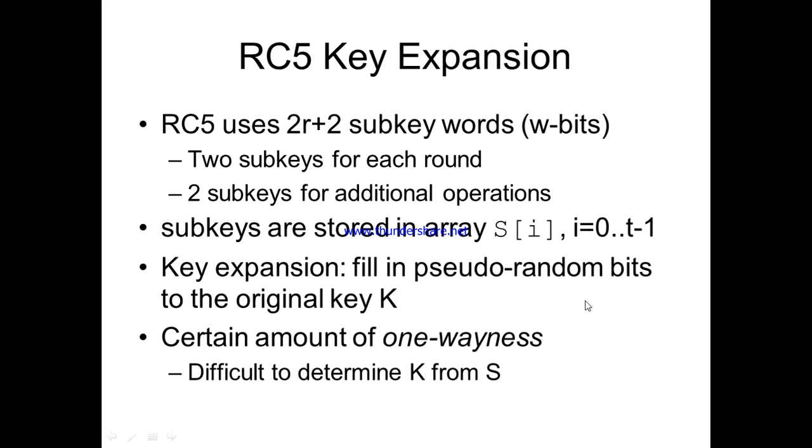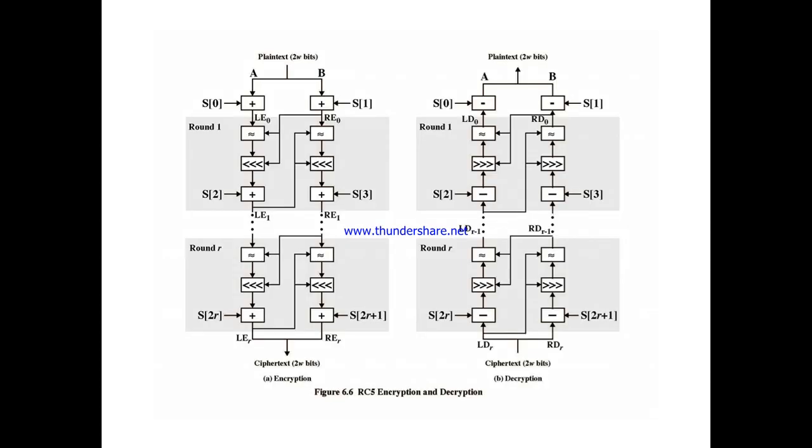That is why it is very difficult to identify the key from S. We take the key and expand it into the S array by generating random numbers, and from the random numbers, recovering the original key is very difficult. Even though S is known, identifying the key is very difficult. That is the main characteristic of RC5.